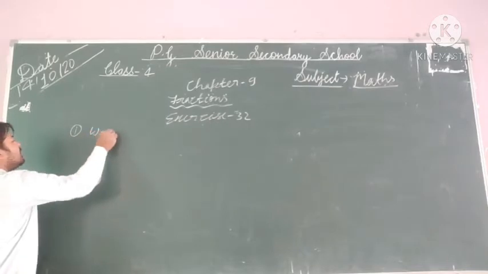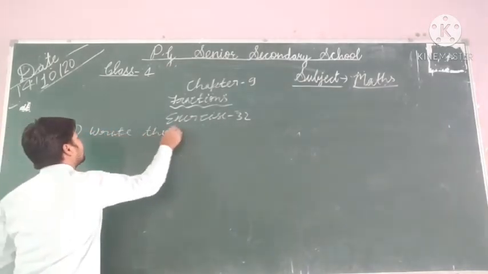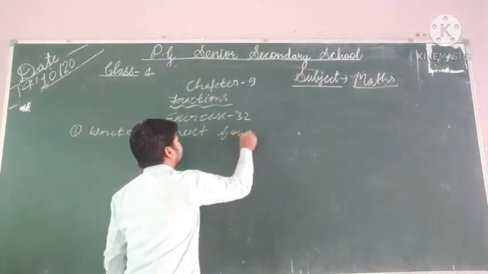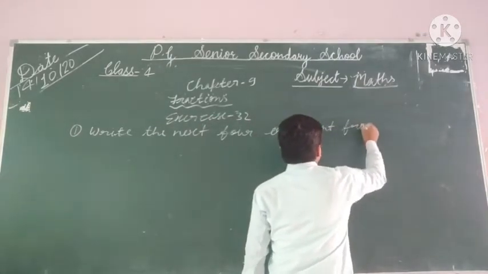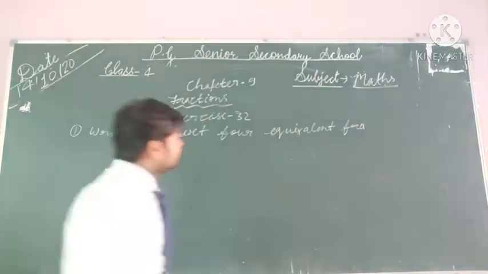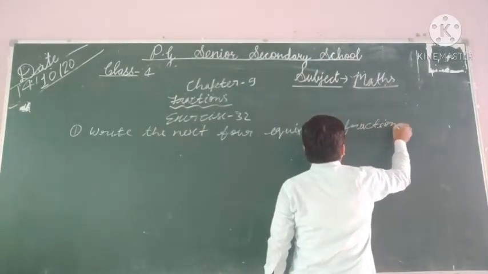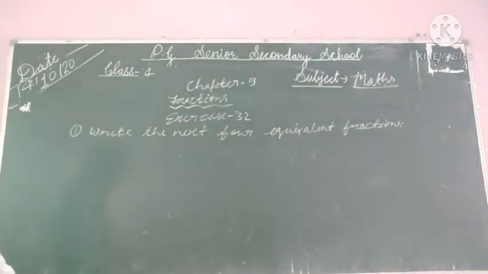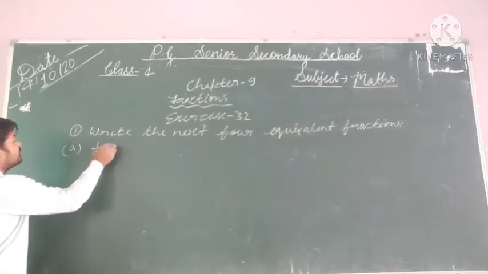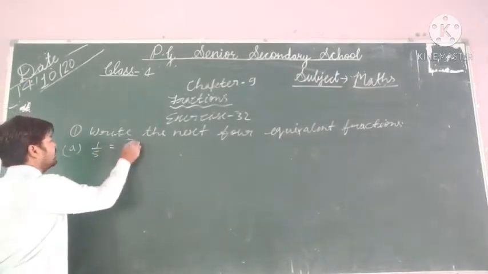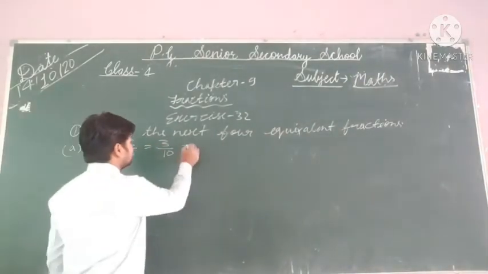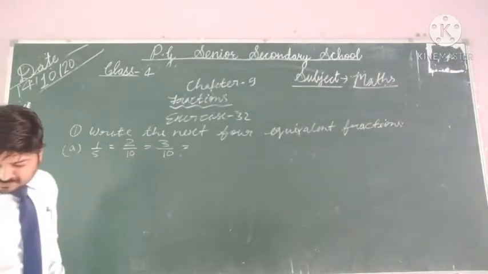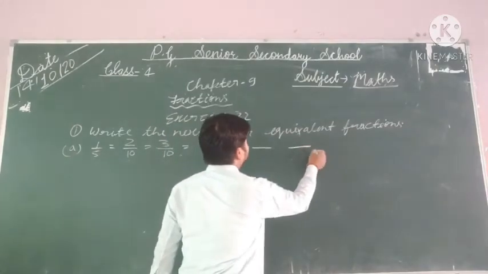The first question is like this: 1 by 5 equals 2 by 10 equals 3 by 15. Here 4 blanks are given.